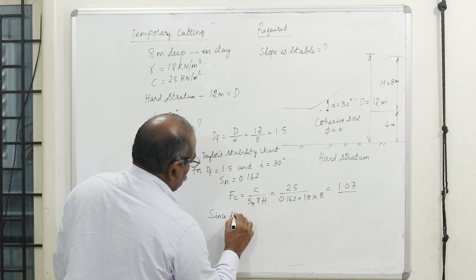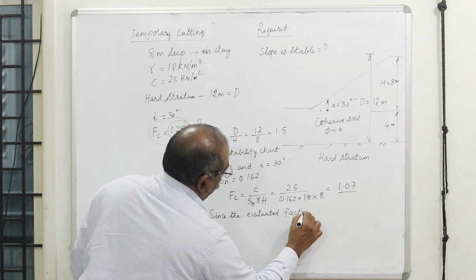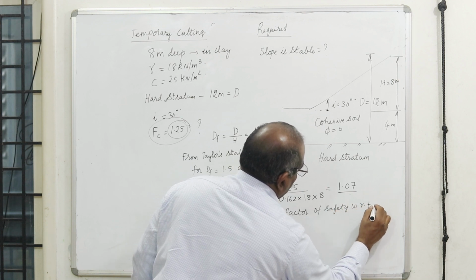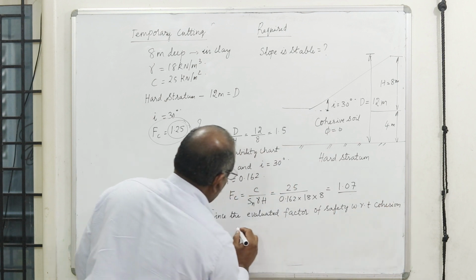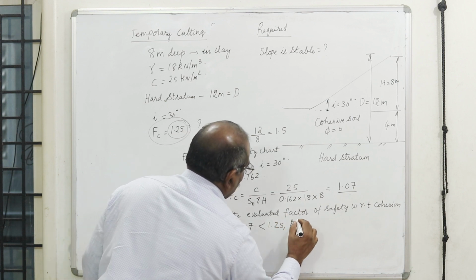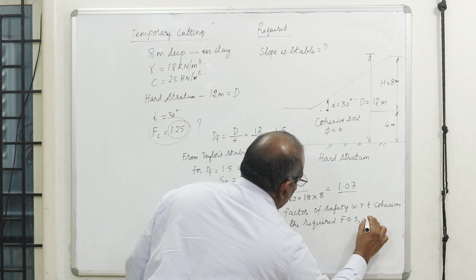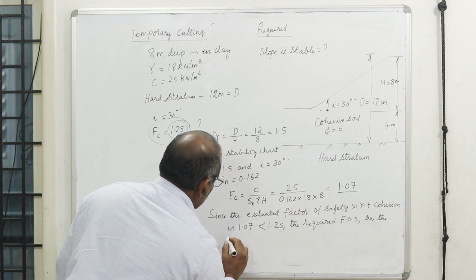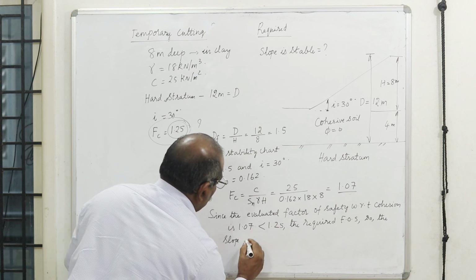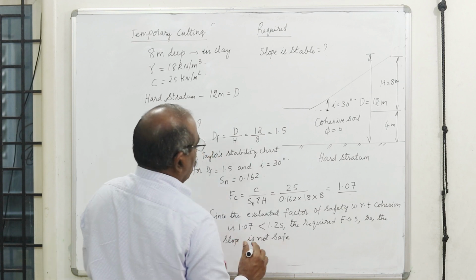Since the evaluated factor of safety with respect to cohesion is 1.07, which is less than 1.25, the required factor of safety, so the slope is not safe or stable.